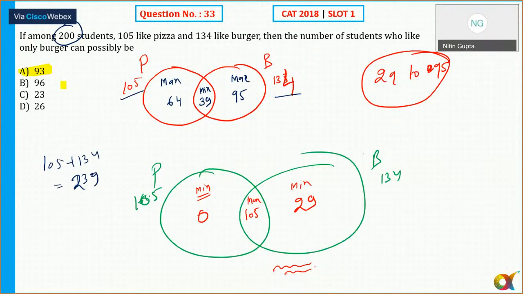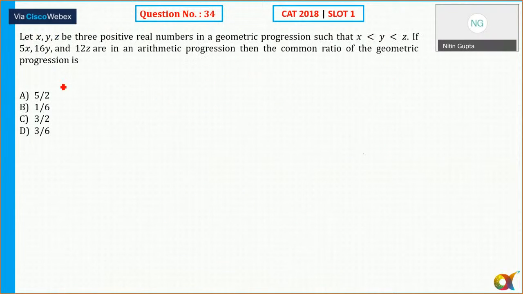Okay. And finally, the last question. Let x, y, and z be three positive numbers in a GP. Now, these three numbers are in GP, so I can say they are x, x into r, and x into r square.